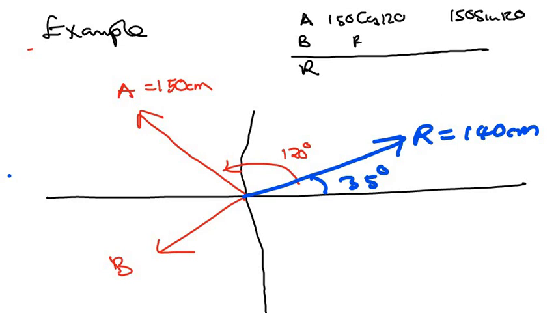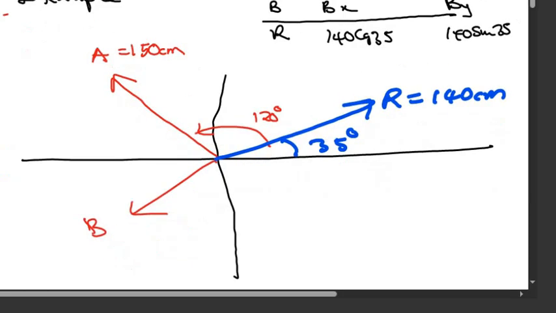So I'll just say BX, then I'll call this BY. For R, we know this is going to be 140 cos 35, then 140 sine 35. Hope everyone is okay with this. Now we're just looking for B, so we have to flip the equation.